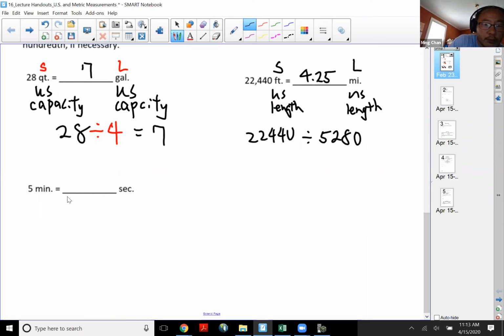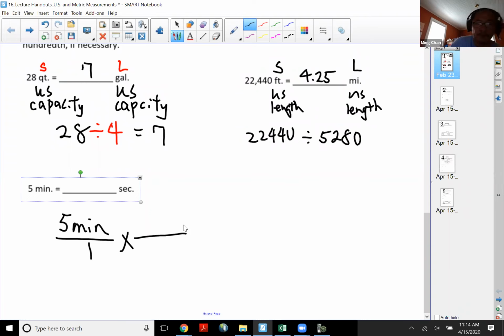When we use the technique of dimensional analysis, we always start with what we're starting with, 5 minutes over 1, times another fraction. If I do not want minutes, then I put minutes down here in the bottom. Why? So the two units can cancel each other out.